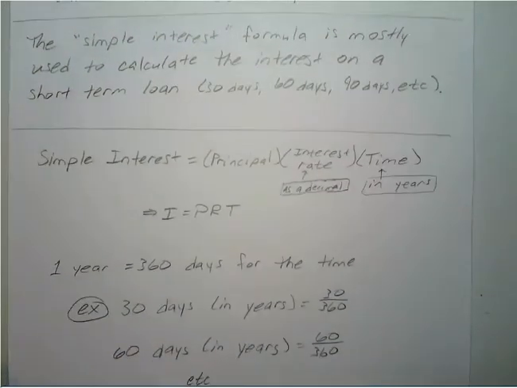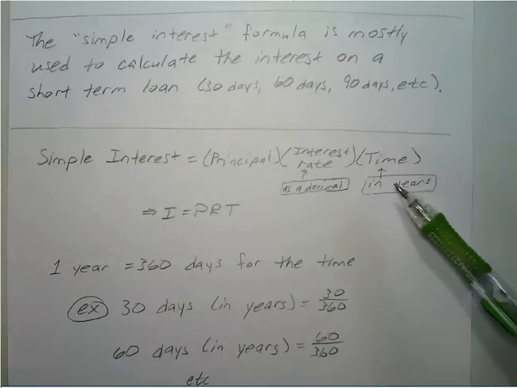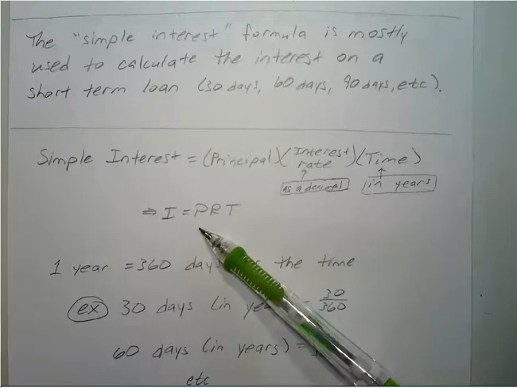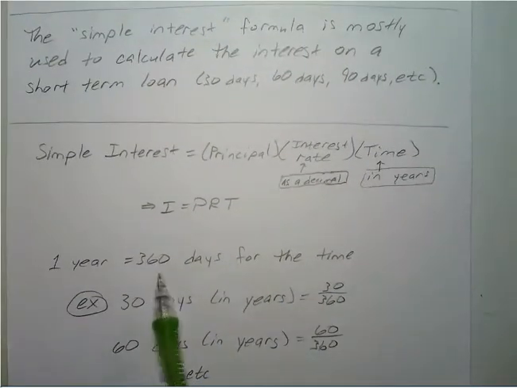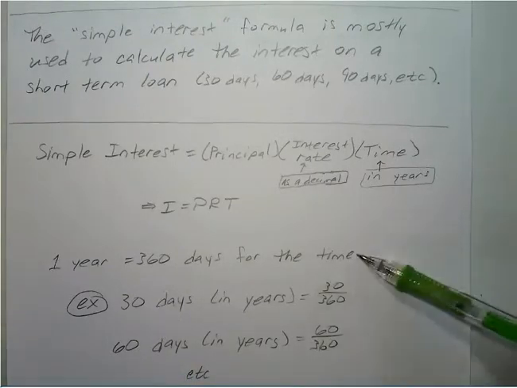Okay. So for simple interest problems, if you're looking for the interest rate or the interest of a short-term loan, 360 days is what most banks use to identify a year. Okay, so if you have a 30-day loan, if you want to write that in years, you write 30 days out of the 360 days, which is our year.